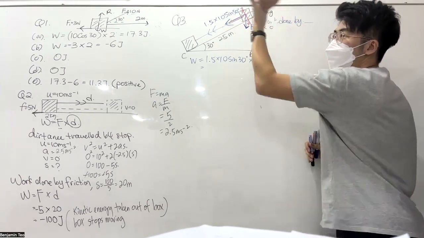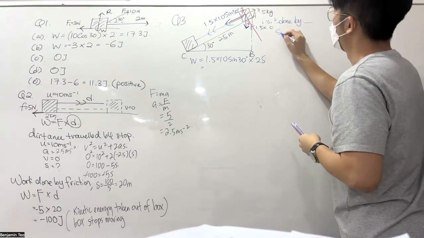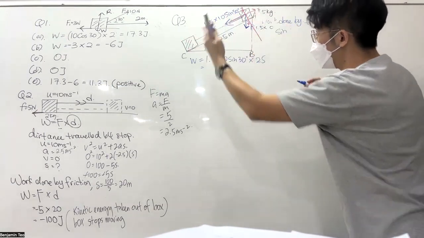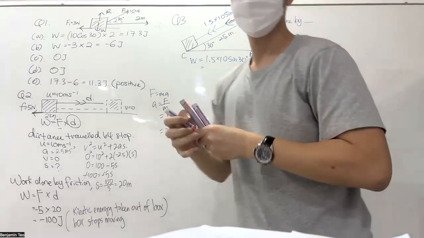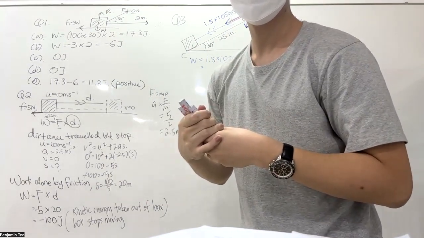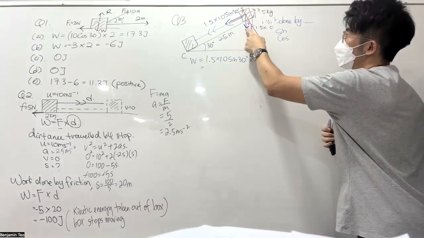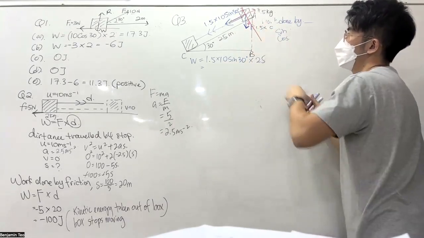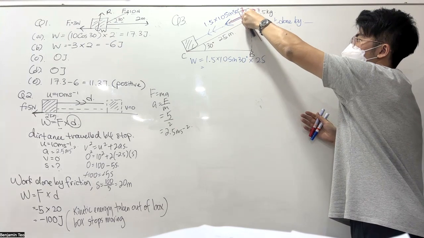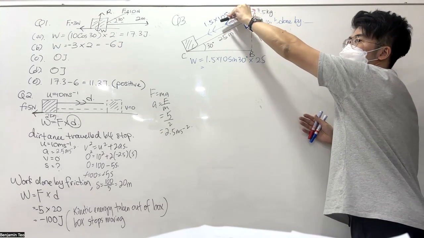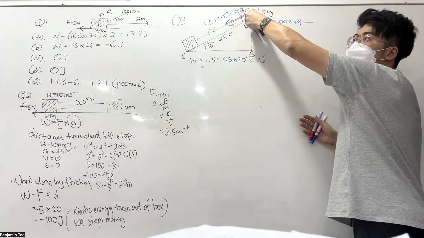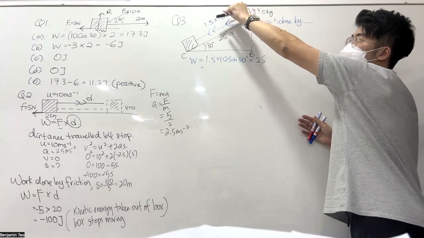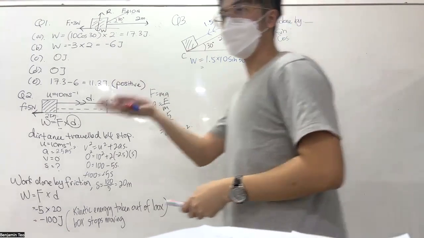If I'm moving away from the angle, then we will use sine. If I'm moving towards the angle, then I will use cos. If I want to find the y component, it's 30 cos 30 and sin 30. So you cos the angle when you move towards the angle, and you sin the angle when you move away from this angle. You remember that one?